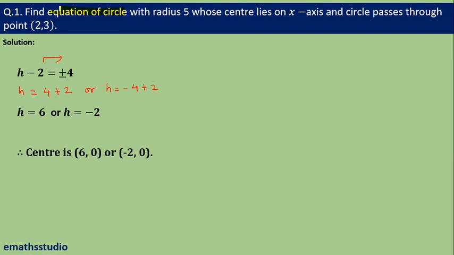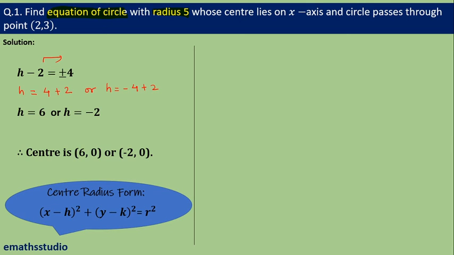And the radius is known, that is 5. Along with the radius, now I got the center also. So we can apply center radius form to get the equation of the circle. Now what is the center radius form? It is (x minus h) the whole square plus (y minus k) the whole square is equal to r square.